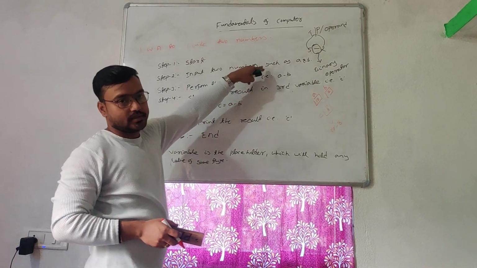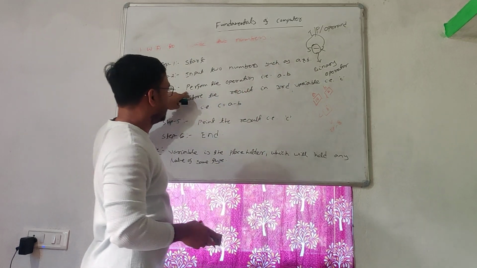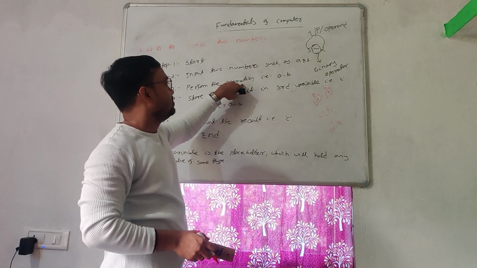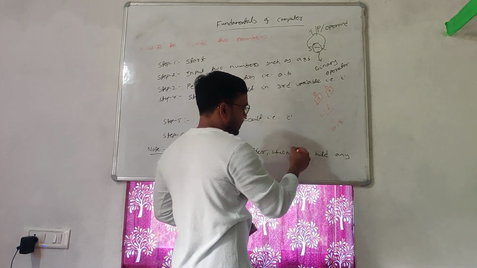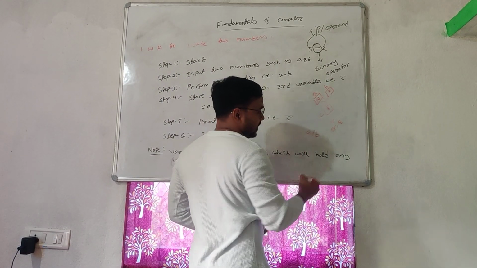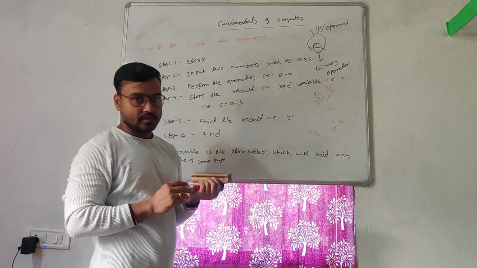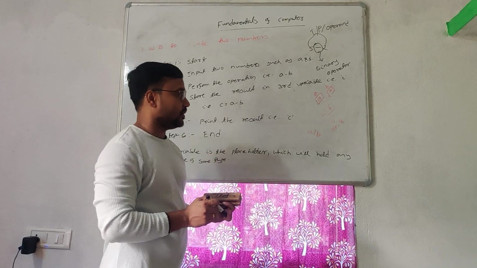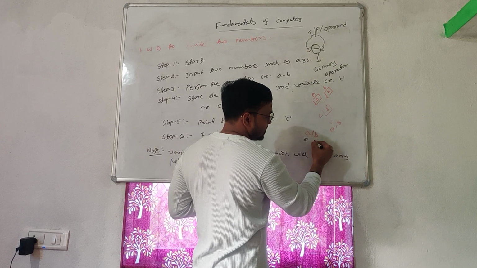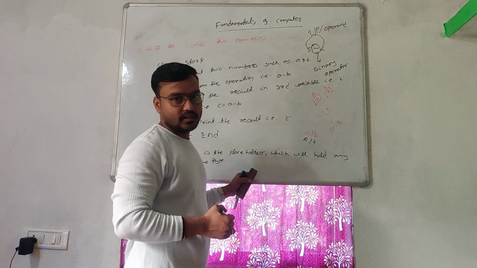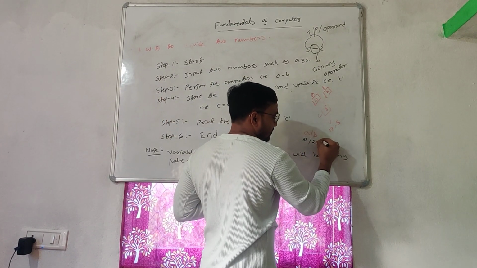Same input two numbers A and B. Then before performing the operation, what do I need? Let's say A by B is there. If I give A as 10, B as 2, is there any problem? Happily, I will get the result like 5.